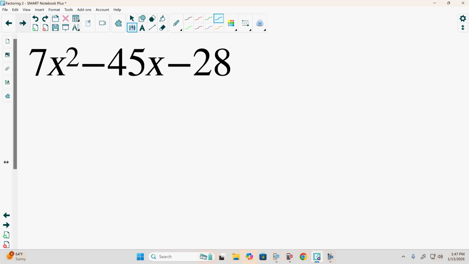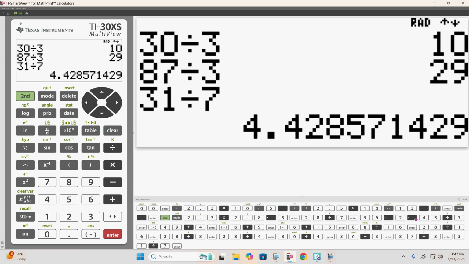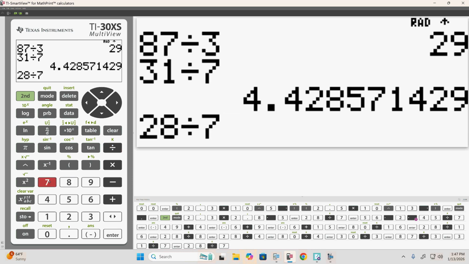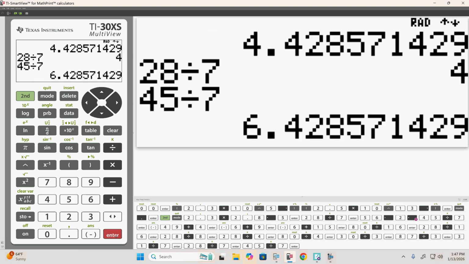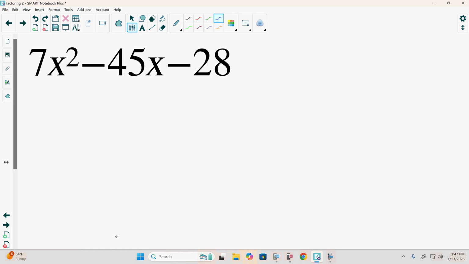7x squared minus 45x minus 28. Is there a greatest common factor amongst these three terms? Because 28 divided by 7 is 4. 45 divided by 7 is... 4.